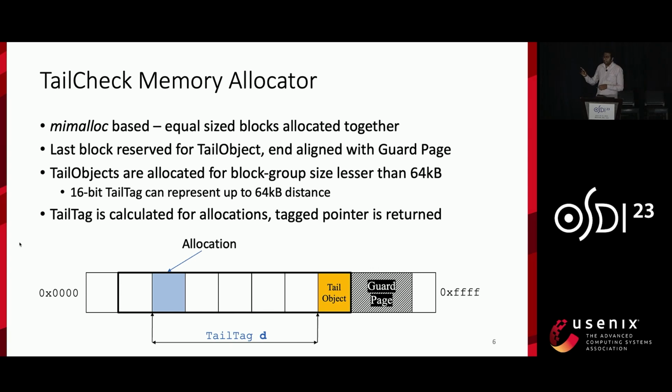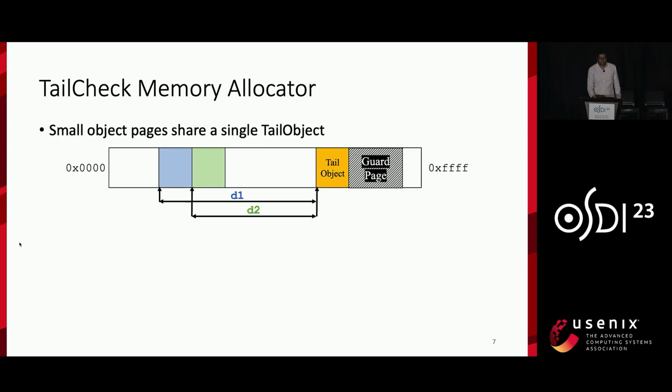And for the tail tag, we have to calculate the distance from within the allocation to the tail object, and then we tag those bits onto the pointer. So when the allocator returns back to the program, it will have the tag bits in the pointer itself. And since this is implemented as a compiler pass, which we'll talk about later, we can then extract this tail tag for the duplicate memory access.